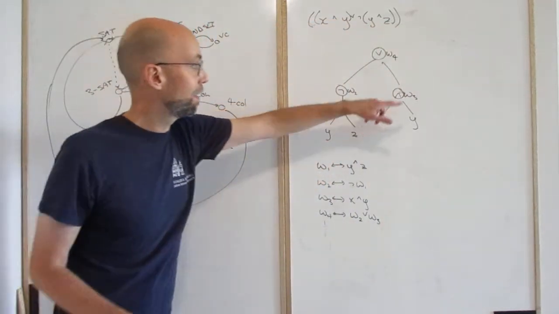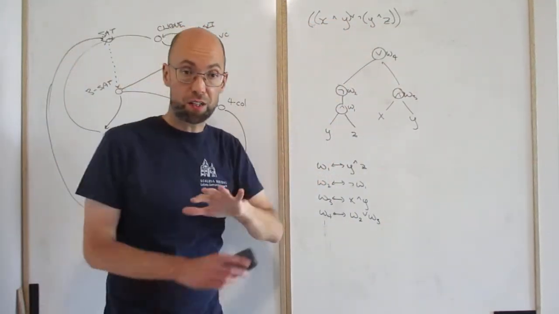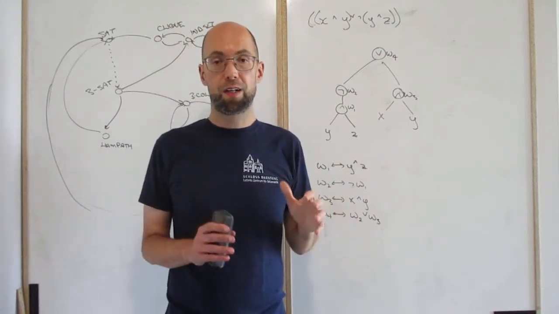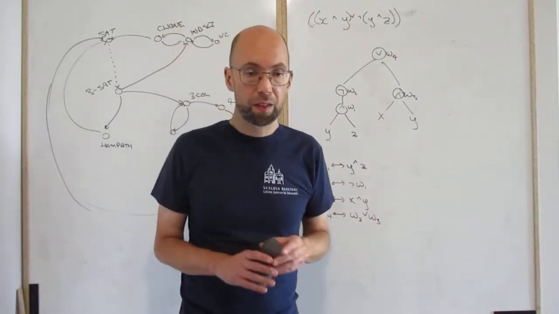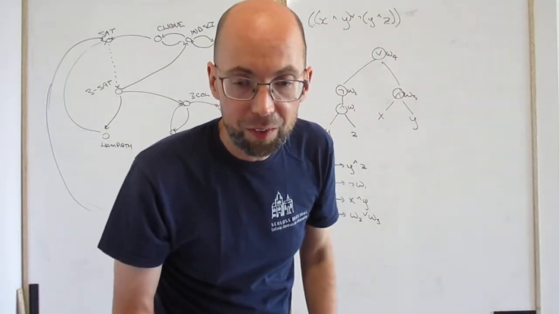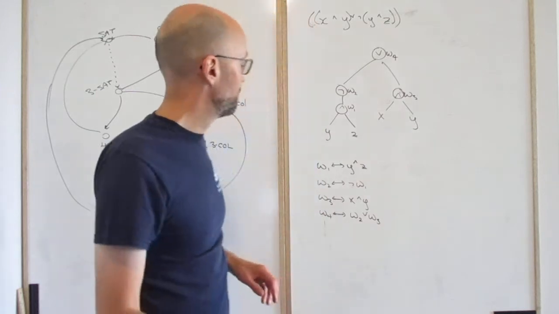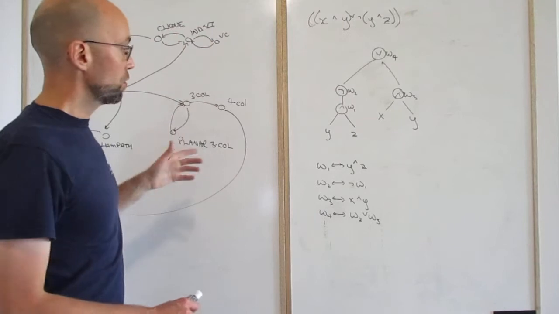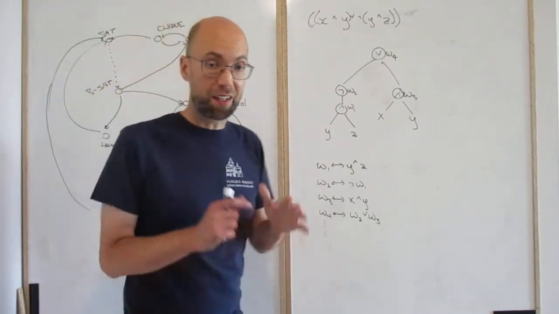So given any Boolean propositional formula, you can sort of turn it into a CNF formula.